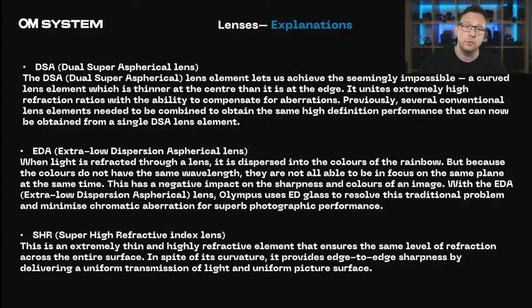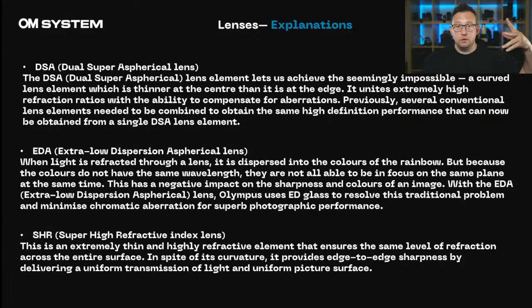Now, what does deal with chromatic aberration is the EDA lens, which is the extra low dispersion spherical lens. And what that does is it deals with the fact that light comes into the lens in all the different colors of the rainbow, and all of those different wavelengths of colors don't focus at exactly the same position. So that's when you get this chromatic aberration where you may see red, yellow, purple, green tint around the edges of things that are in focus.